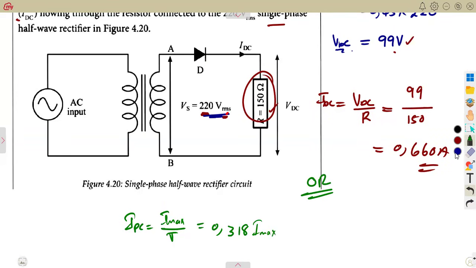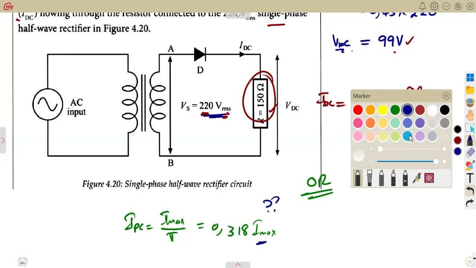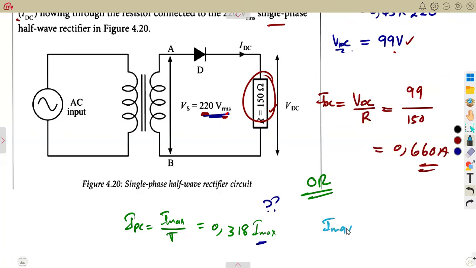But we do not have the maximum current. We are limited with what? The maximum current. So where are we going to obtain our maximum current? Do we have a formula for this? Yes. Once there's a maximum voltage and a resistance, we can calculate the maximum current.